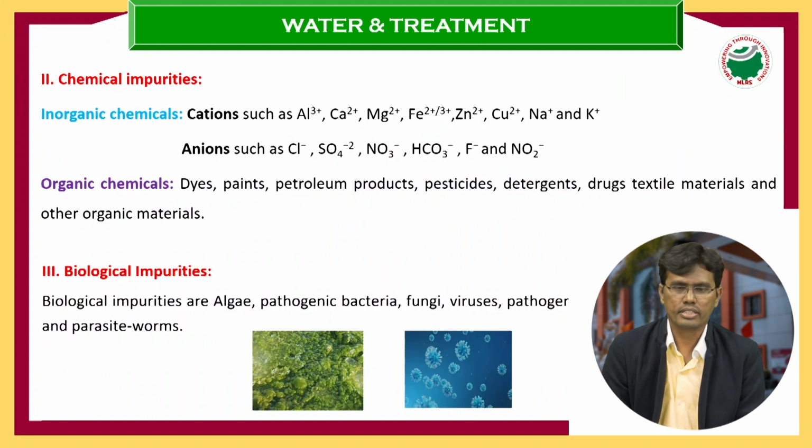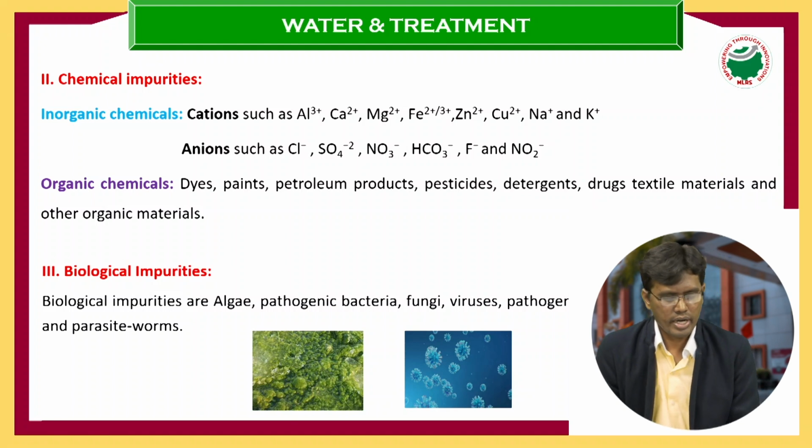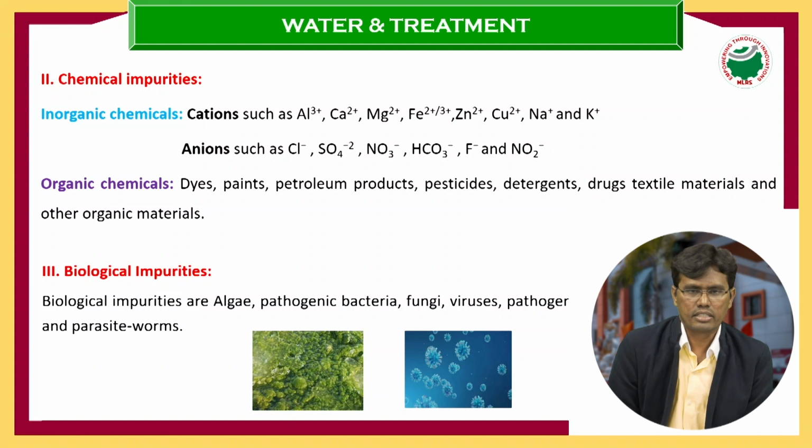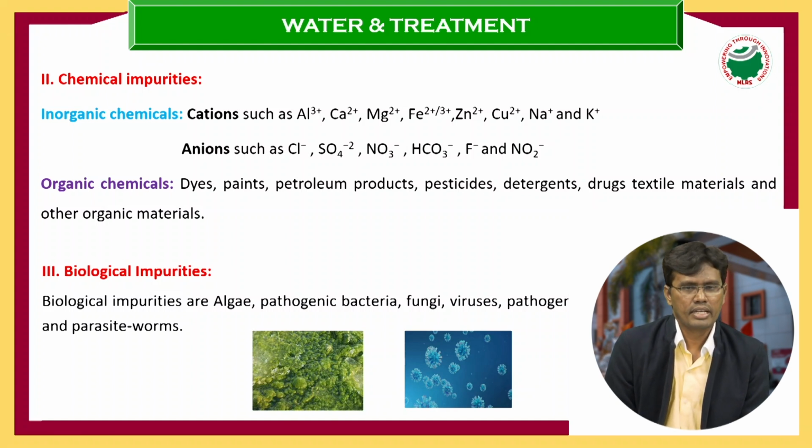Next, chemical impurities. Chemical impurities are again classified into 2 types: inorganic impurities and organic impurities. Inorganic again has 2 types, cation and anion. Cations are positively charged ions, maybe some metals like aluminum, calcium, magnesium, ferrous, zinc, copper, etc. Next, anions are negatively charged ions. They may be fluorides, sulfides, nitrites, carbonates, bicarbonates, etc. that are dissolved.